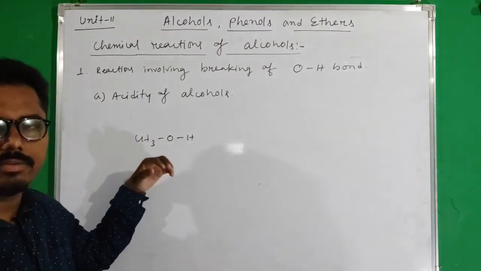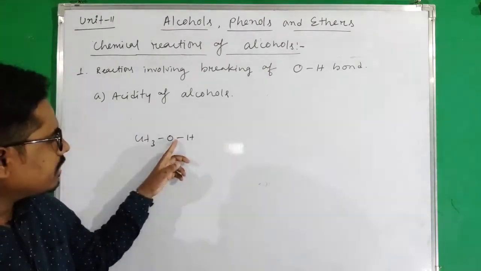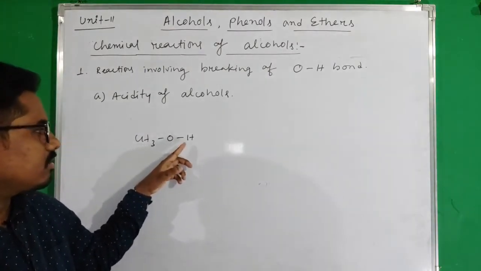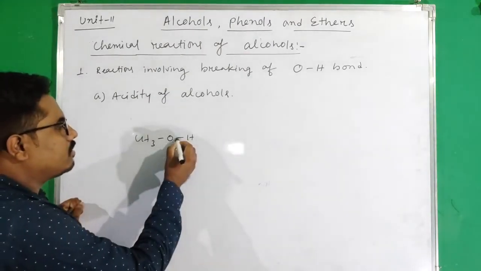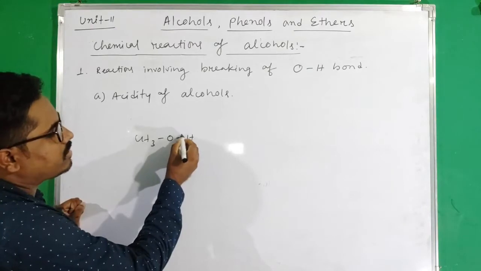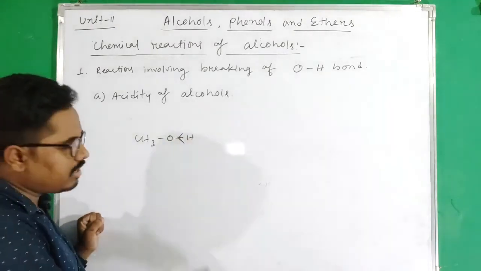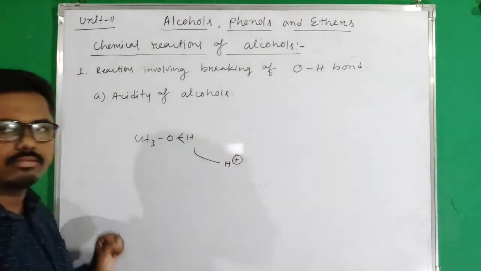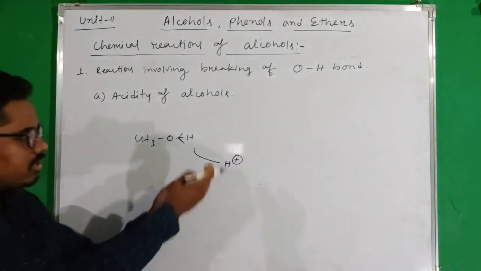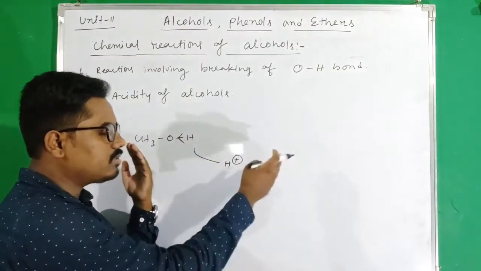You have already studied about electronegativity in class 11. Therefore, due to higher electronegativity, oxygen will attract the electrons towards itself, resulting in release of H positive ion.